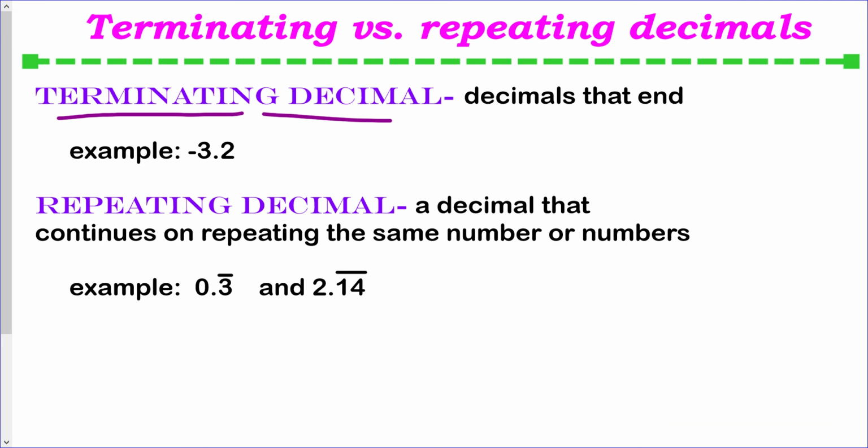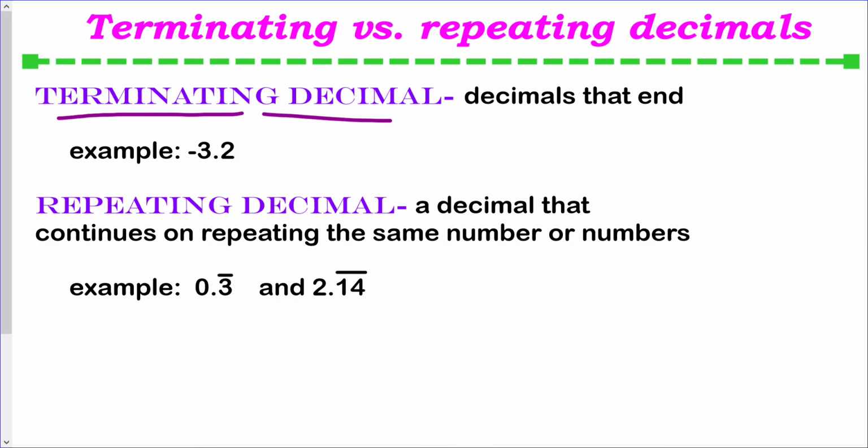Anything that stops is a terminating decimal, which is a rational number, meaning that it can be written as a fraction. Also, repeating decimals are decimals that continue to go on repeating the same number or numbers. Those can also be written as fractions.